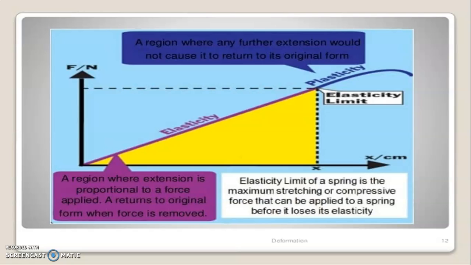It returns to its original form when force is removed. When the force is removed, it will come back to its original position. The white one is the elastic limit. The elastic limit of a spring is the maximum stretching or compressive force that can be applied to a spring before it loses its elasticity. And the blue one is plasticity, a region where any further extension would not cause it to return to its original form.